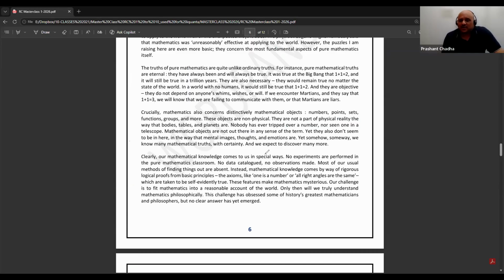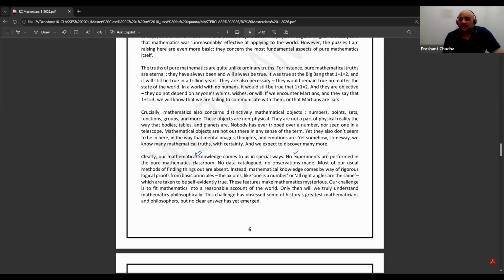Clearly, our mathematical knowledge comes to us in special ways. No experiments are performed. So this is our difference with other sciences, biology, physics, chemistry, right? No data catalog, no observations. Those are empirical subjects. Those have data catalogs. Most of our usual methods of finding things out are absent. Instead, mathematical knowledge comes by rigorous proofs, axioms like one is a number, all right angles are the same.